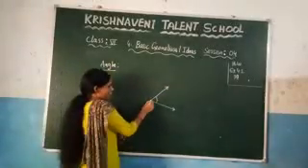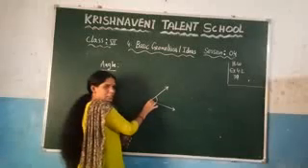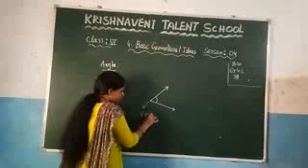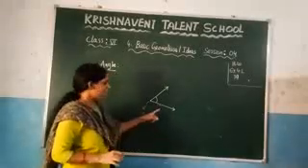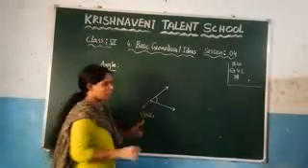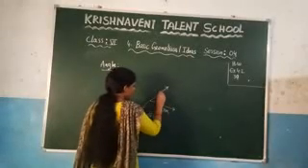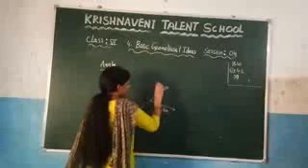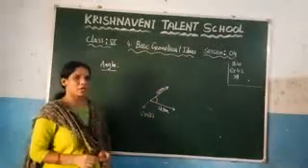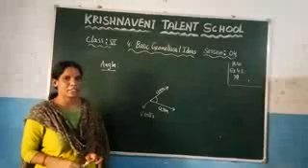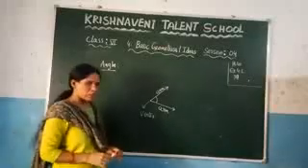Here you can observe that you will get one angle, right? And this common point, we call it a vertex. And these rays we call arms. This is one arm and this is the other arm. This is about the angle. What is meant by the angle? If two rays intersect at a common point, an angle will be formed.